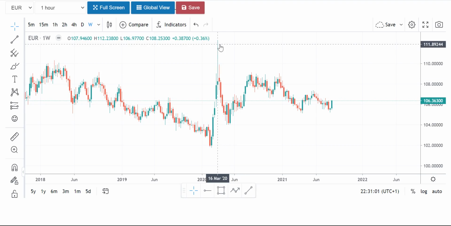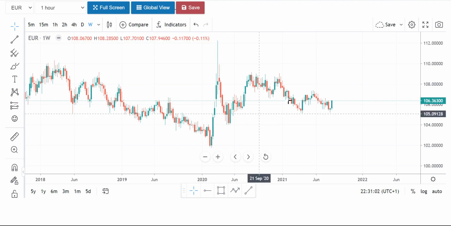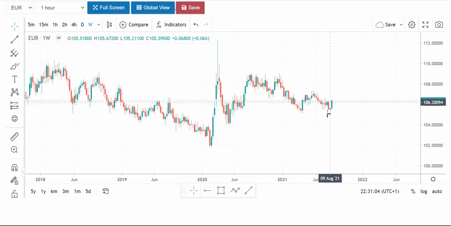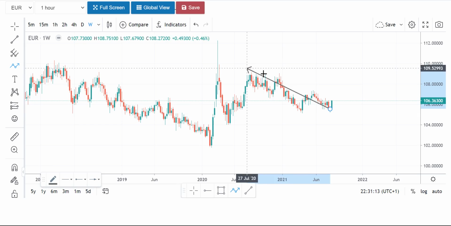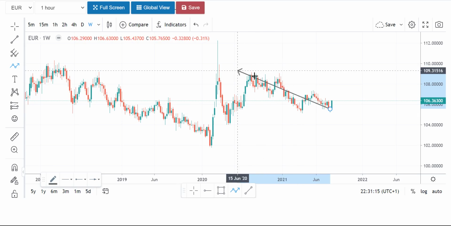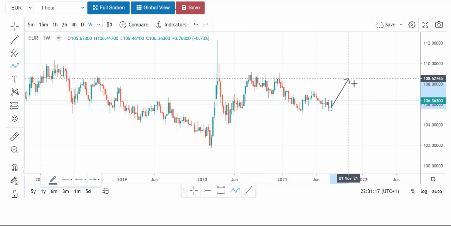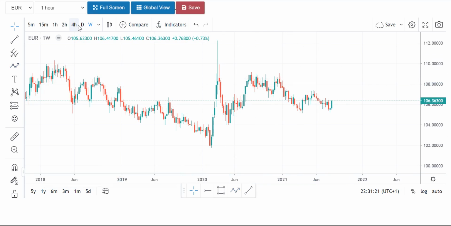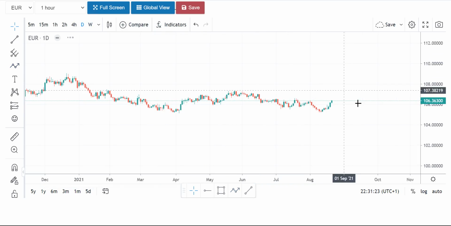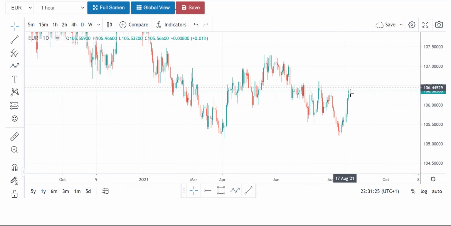Now, we are still within this particular range, so we are expecting a movement to the upside from euro, hopefully breaking these two spots for liquidity.